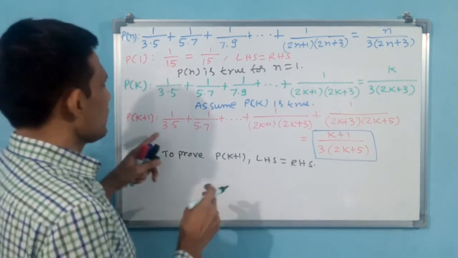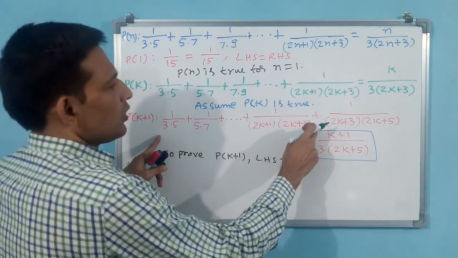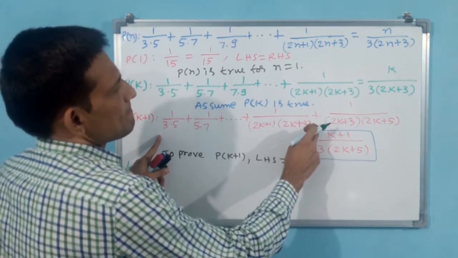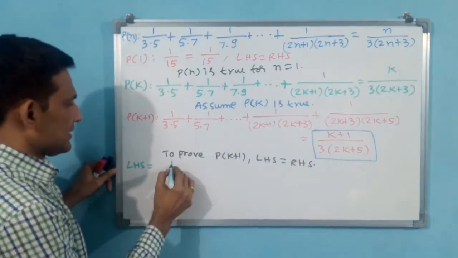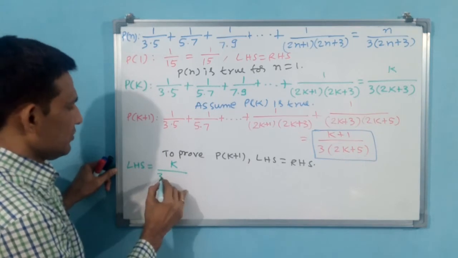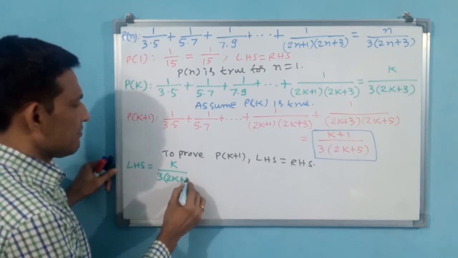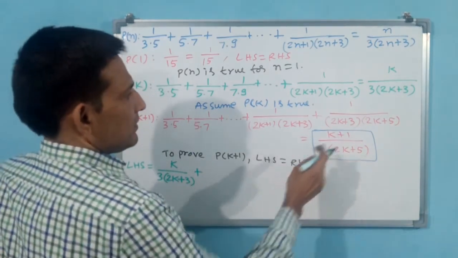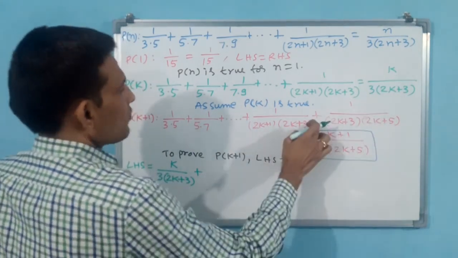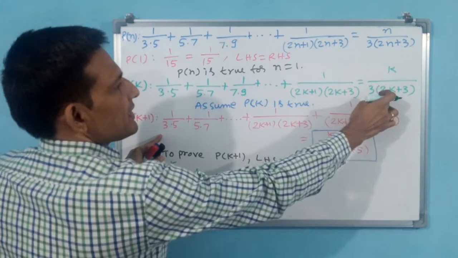Okay, see LHS. If you observe carefully, up to 2k plus 3 there is some value k by 3 into 2k plus 3. You write down that one: k by 3 into 2k plus 3, plus this one again up to here only, k by 3k plus 1.